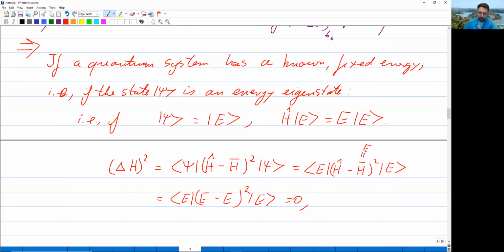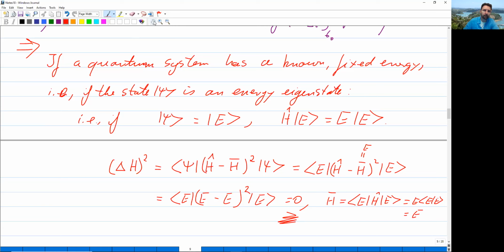Let me just quickly show you that this is the case. So what is H bar? It is <E|H hat|E>, and obviously this is E. So what we obtain is that it is 0.